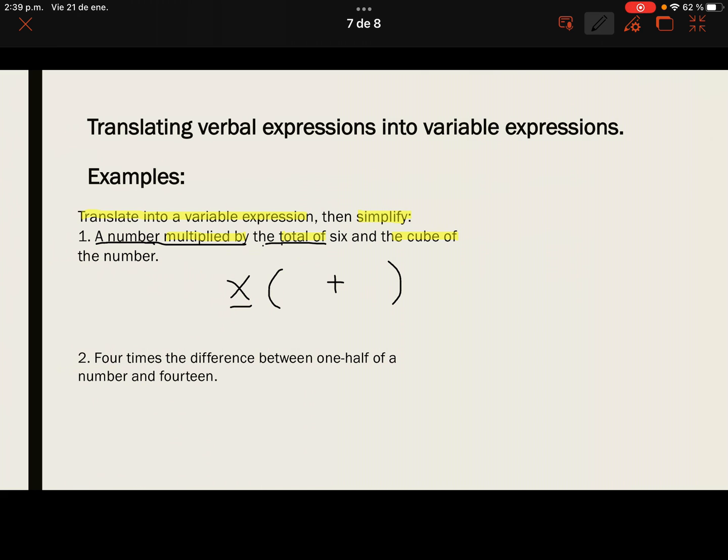The total of 6 and the cube of the number, the cube of the unknown number that I said is x from the beginning. Okay, that's it. But remember that we have to simplify, so we have to do the operations in this expression.